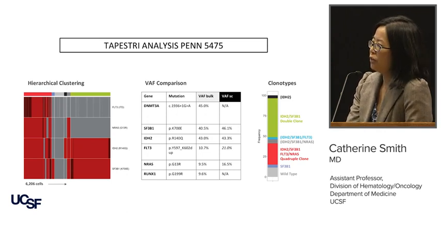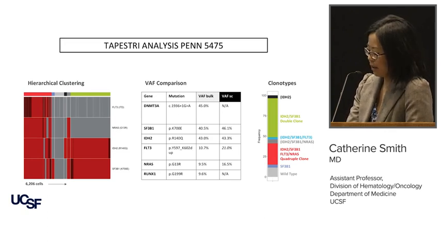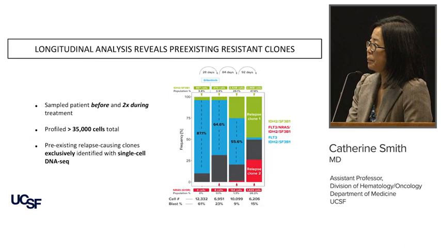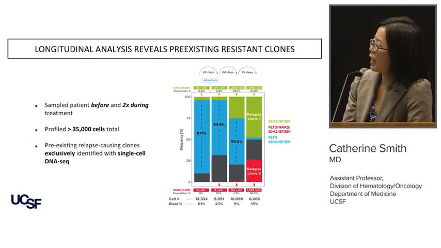But to further elucidate this and understand it better, we conducted sequencing of serial samples from this patient. And what we were able to demonstrate, looking at a pre-treatment sample here, a sample that was obtained 28 days after the start of drug treatment, and then a sample that was obtained a couple months after that, and finally a sample that was obtained at the time of relapse 6 months later.